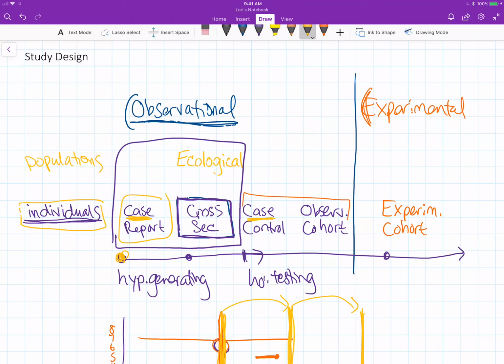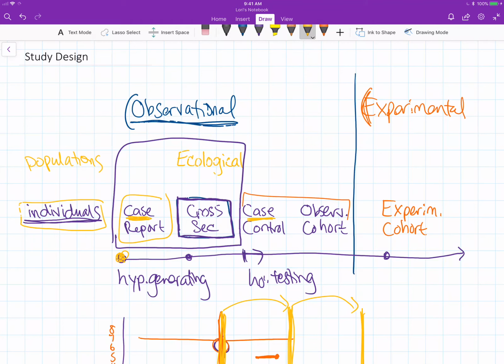Now, the strength of this, which comes from that notion of reporting unusual cases, is that we can create a very early report of something that's unusual. We don't have to try to find groups of people to compare to. We don't need to spend any energy or resources to set anything up. And so it's a really early reporting of something that's out of the usual.